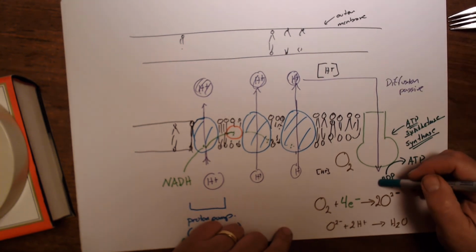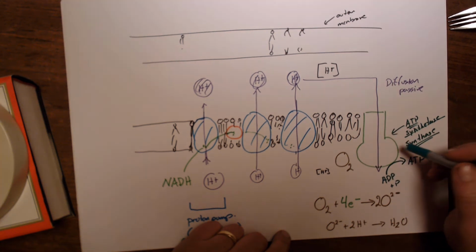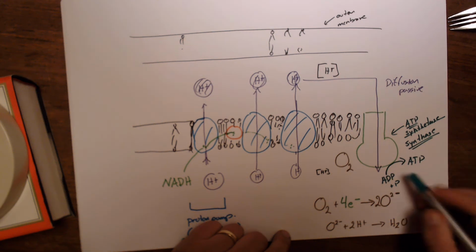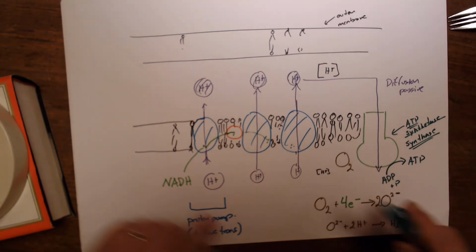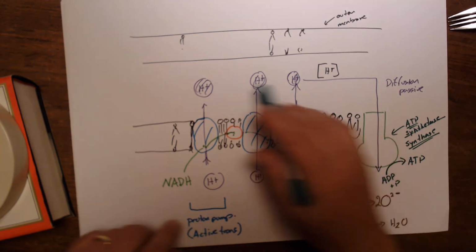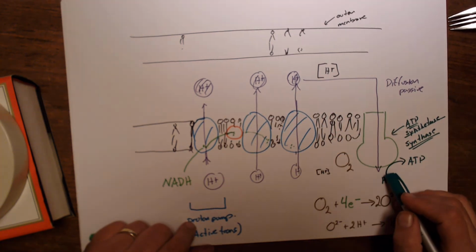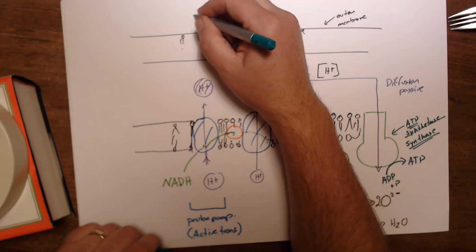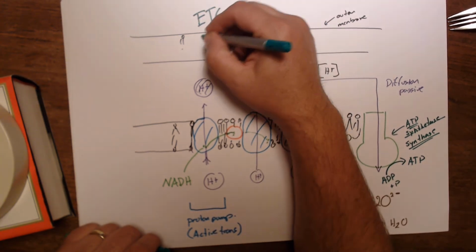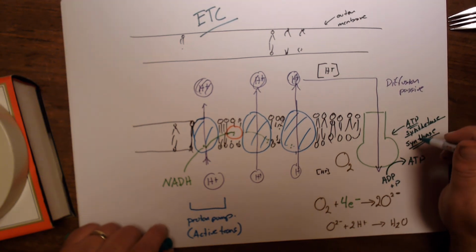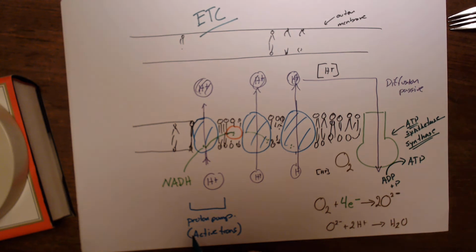But through that diffusion, through this particular type of channel, you can harvest the energy of the protons moving through to generate ATP. This enzyme is present in both respiration, which is the electron transport chain, ETC. This enzyme is also present in photosynthesis, in the electron transport chain.